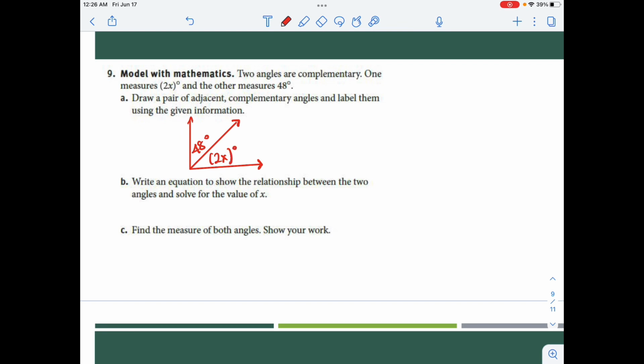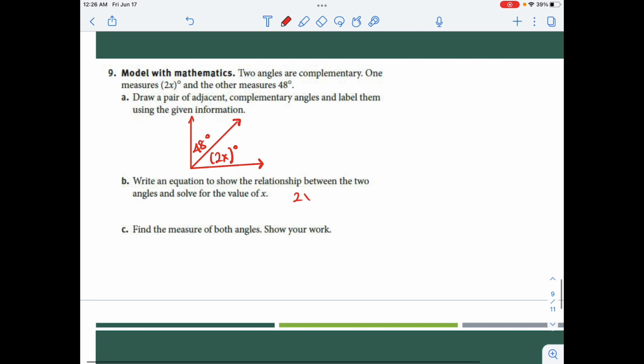Okay. B. Write an equation to show the relationship between the two angles and solve for the value of x. Okay, let's create the equation here. So 2x plus 48 must be 90. You can use the degrees symbol here, or you can just drop them for now and add it at the end.